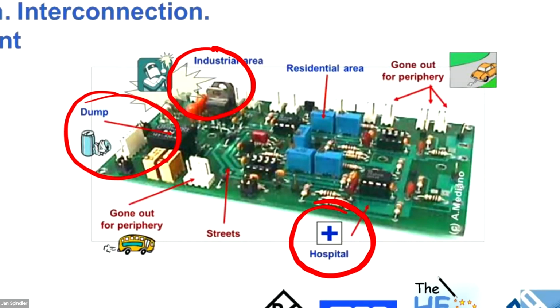So if you are trying to consider where you put the connectors that the trucks are using to go to the industrial area, you try to put the streets for these trucks far from the schools or from the hospitals to avoid problems, noise, or things like that. No? So this is the idea of thinking in partitioning.